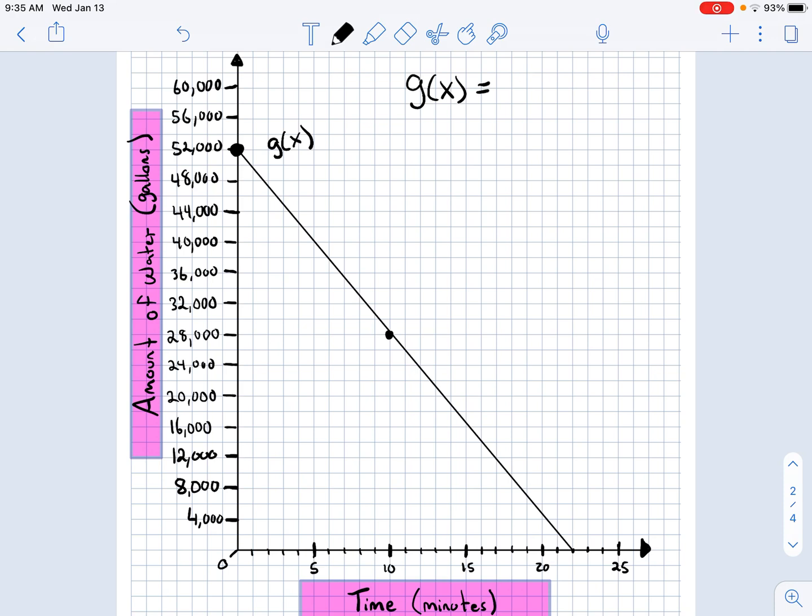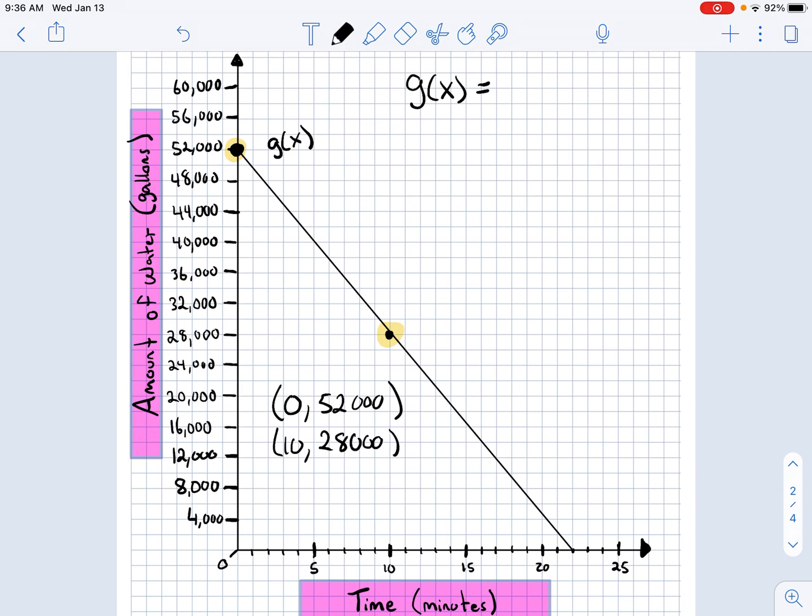Okay, so G of x is equal to, let's find our slope, let's do a slope triangle. If I use this point and this point, I would have 52,000. And I would have the point 10, 28,000.